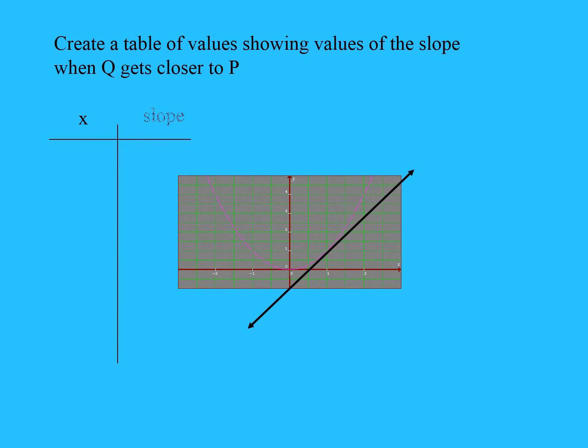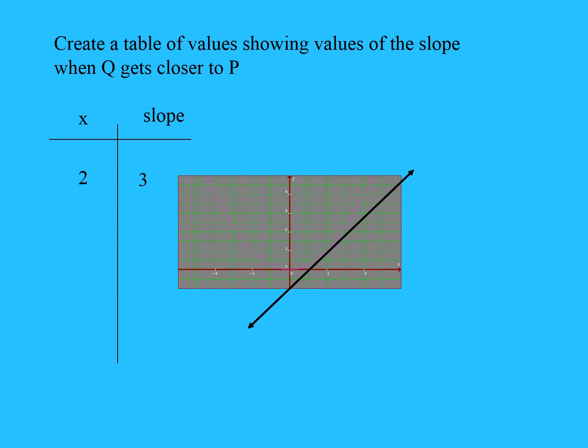So if we look at those x values and the associated slopes that we got, our original problem was, how could we find the slope of this tangent line given only one point on the tangent line? Well, we used this secant line, and we looked at the slope of this secant line for different values.